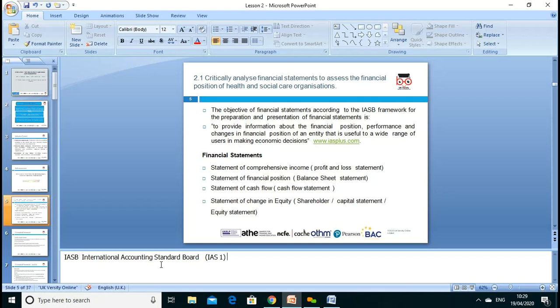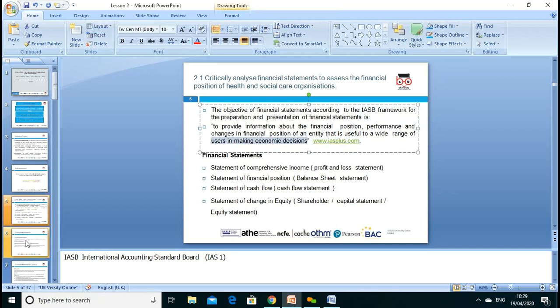It requires companies to provide information about the financial position, financial performance and changes in the position of the entity. Entity means organization. This is useful for a wide range of economic decisions, which is quite important for the user.